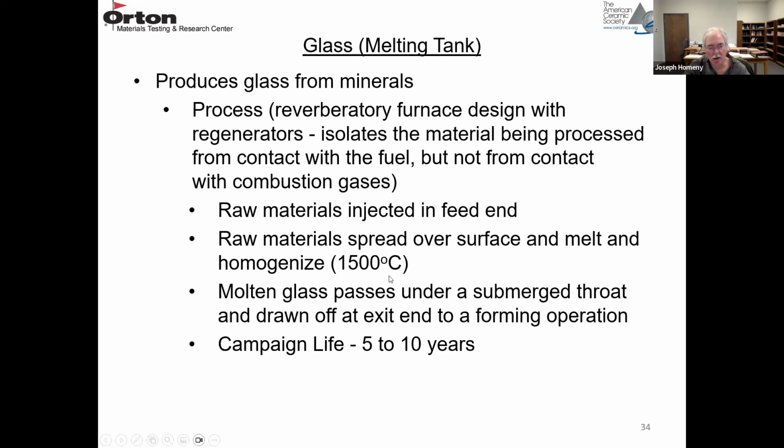And these are usually run about 1500 degrees C. And then the molten glass passes under a submerged throat that helps separate the unmelted batch from the rest of the material. And then it's drawn off at the exit end, and it goes to some kind of forming operation. So these glass tanks last a long time, maybe 5 to 10 years.